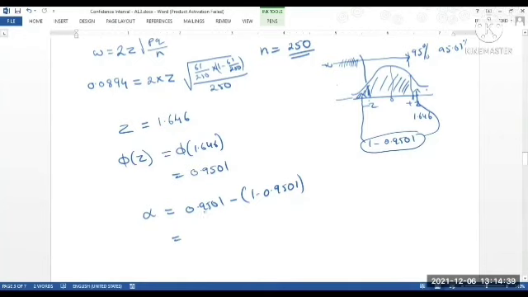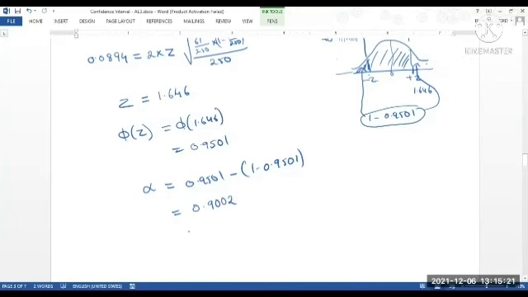So from the total area, 95%, I am subtracting the small area which is outside the limit. This is what will be my alpha. Let's calculate and see what the value is. And you can see that the value is 0.9002, which is approximately 90%. So our alpha is 90%.